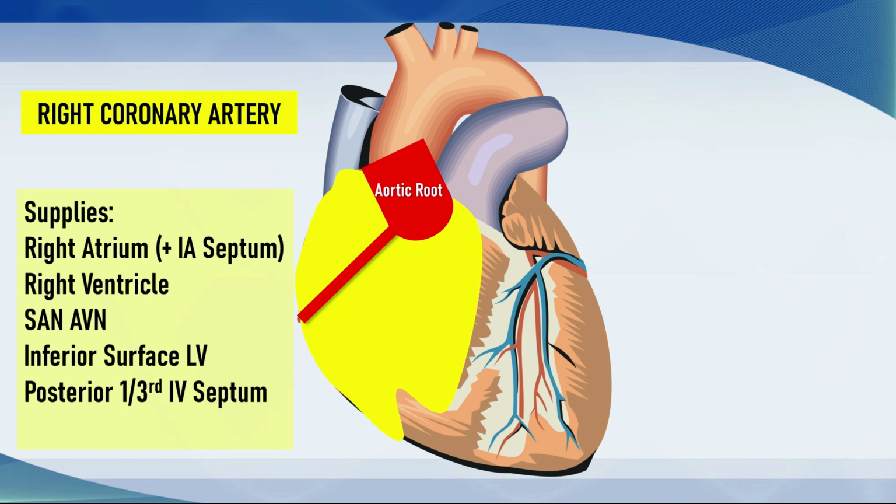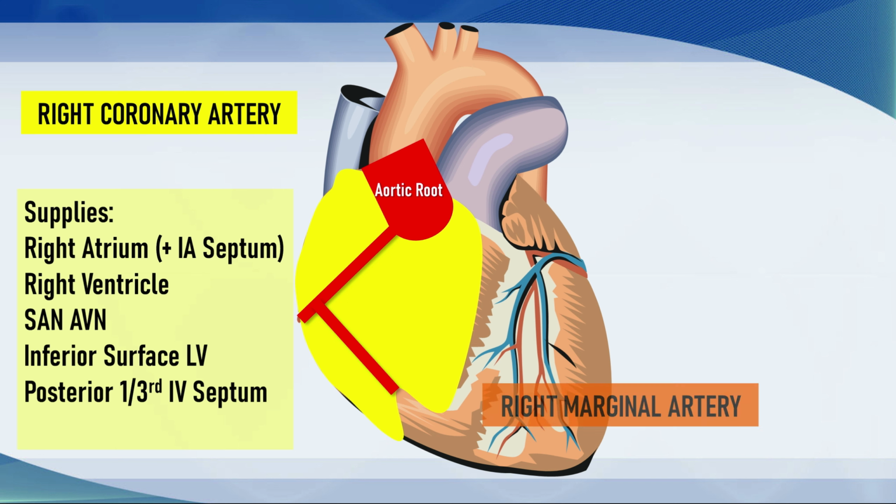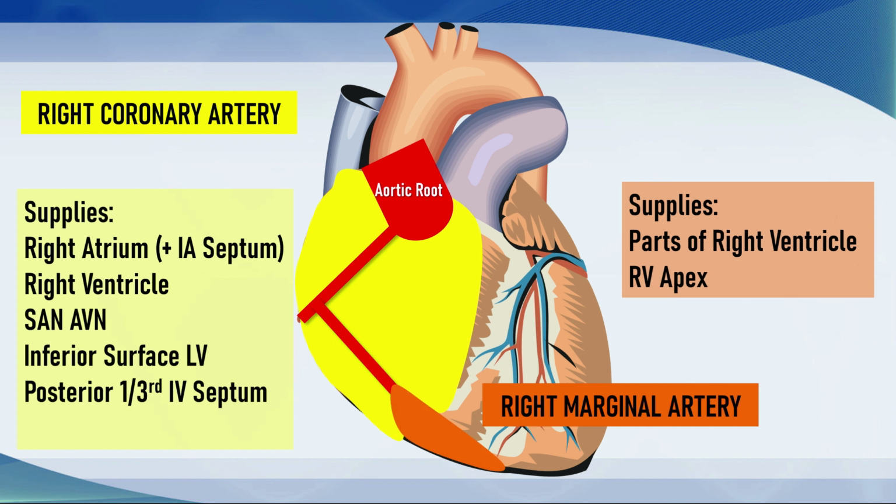It supplies the right atrium and interatrial septum, the right ventricle, the sinoatrial node, the atrioventricular node, the inferior surface of the left ventricle, and the posterior 1/3 of the interventricular septum. The right marginal artery comes off the right coronary artery, and it supplies the right ventricular apex and parts of the right ventricle.